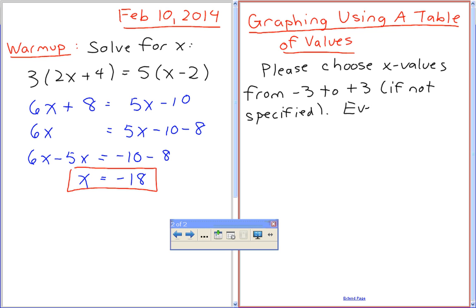Everywhere you see an X in the equation, sub in the number.